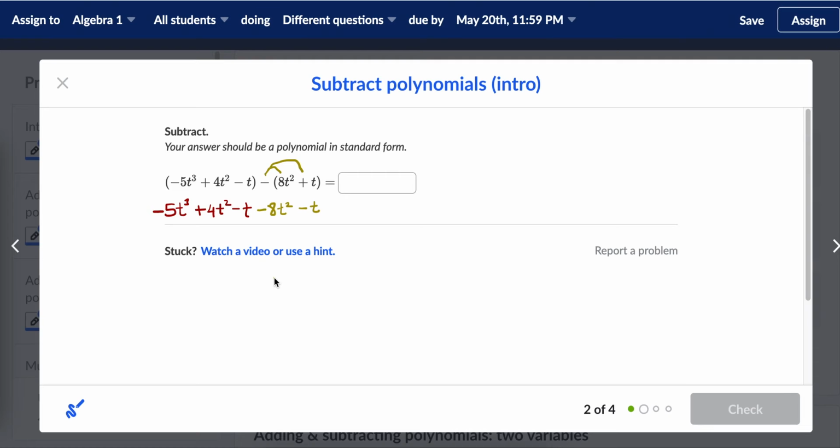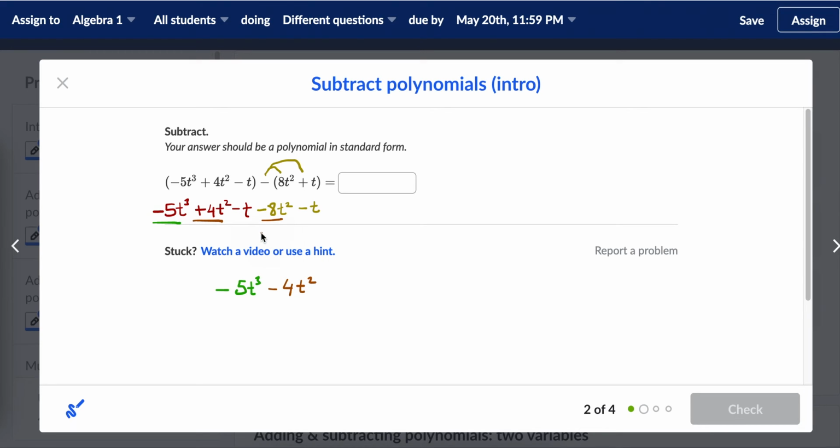And from there, all we do is once again combine like terms. We've got our negative 5t cubed to start, starting at the highest one and working our way down. We get ourselves a square next, so this is our 4t squared minus 8t squared, so it's negative 4t squared.